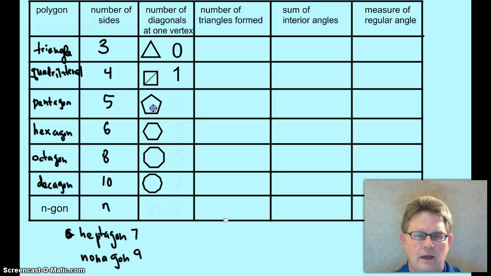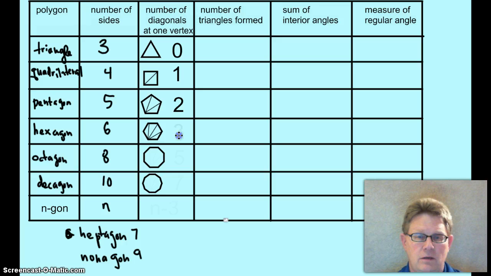How about on this pentagon? How many diagonals can you draw from that bottom left vertex? Yes, 2. From this vertex right here on this hexagon, how many diagonals can I draw?